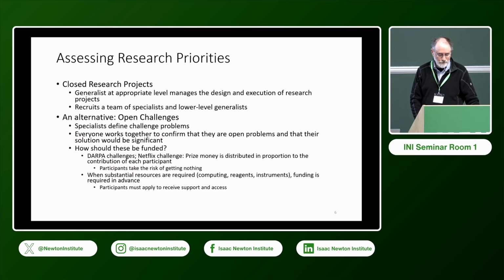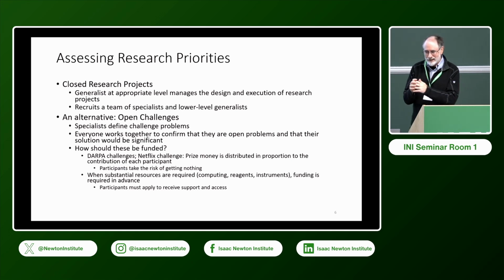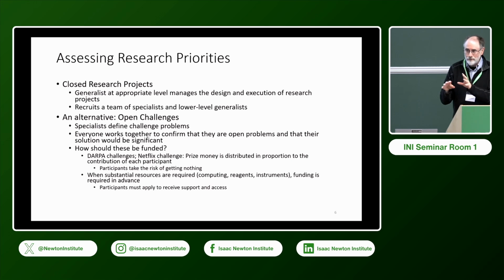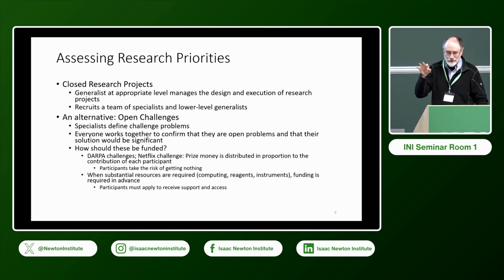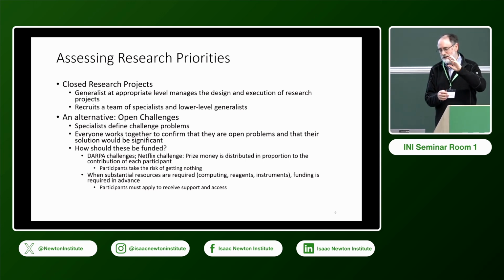And then I think for assessing research priorities, if each of us starts to become more like a funding agency and less like a bench scientist, if we're just coordinating a bunch of agents that are doing the actual detailed work, it seems like there are two models. One is very much the current model, which is that you have a project manager role and a team of researchers, and everything is secret until you publish.